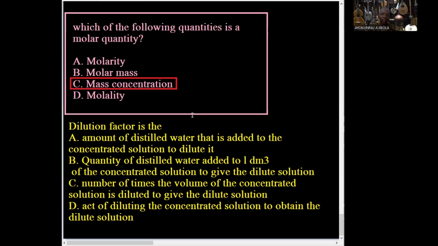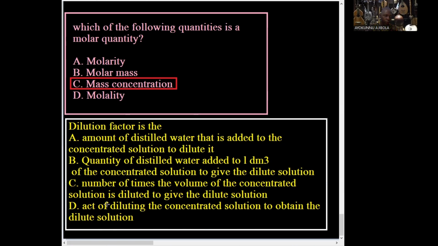Mass concentration in grams per dm cubed over molar mass gives the concentration in mole per dm cubed. Yes, that gives us the molarity. Is that clear? Can you hear me? The correct option to this is C.